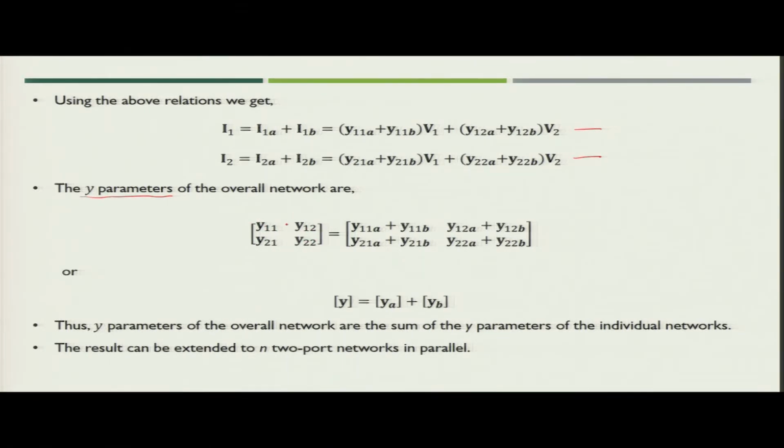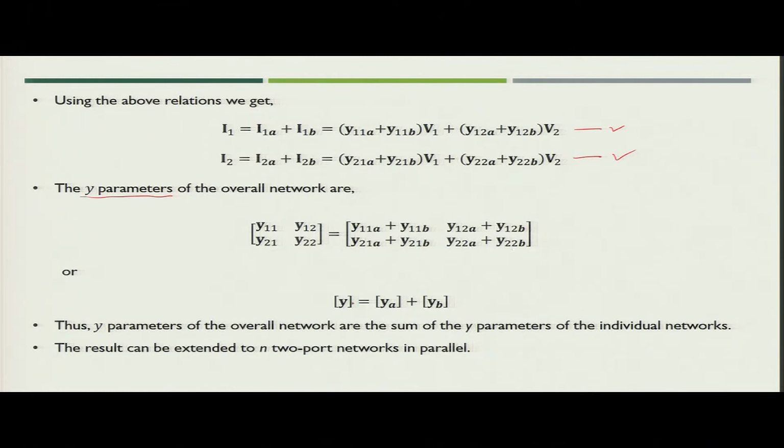When we compare these two equations with the standard y parameter equations and compare the individual parameters, what we can say is that y11 is nothing but y11A plus y11B, y12 is equal to y12A plus y12B, y21 is equal to y21A plus y21B, and y22 will be equal to y22A plus y22B.